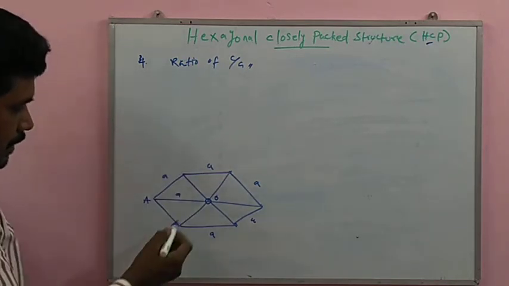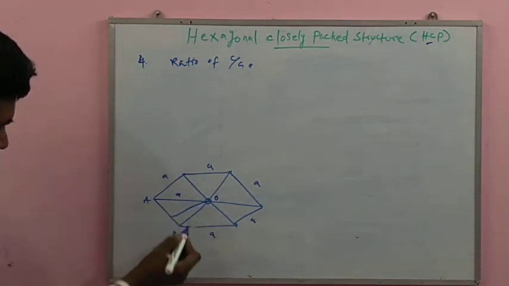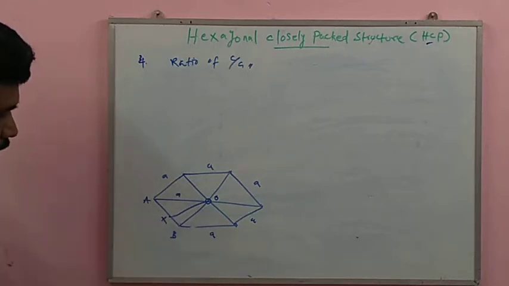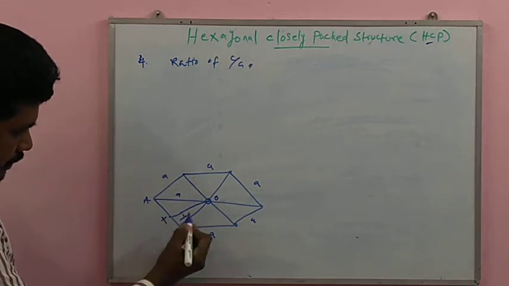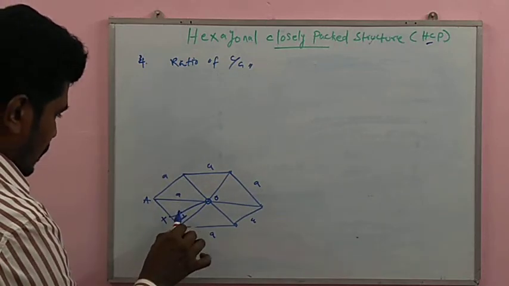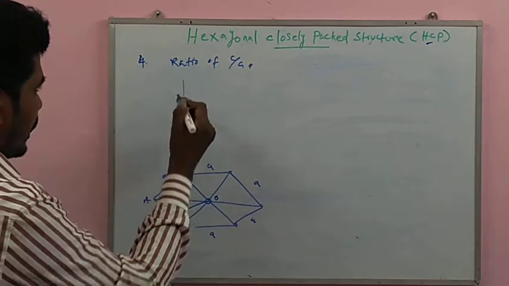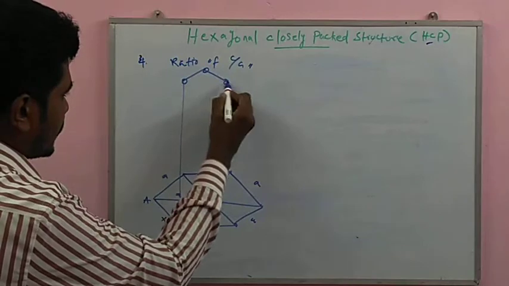Now, the axis value, that is OX. And the point is Y. So this point is Y. Now it is connecting with the 3 atoms of the middle layer.